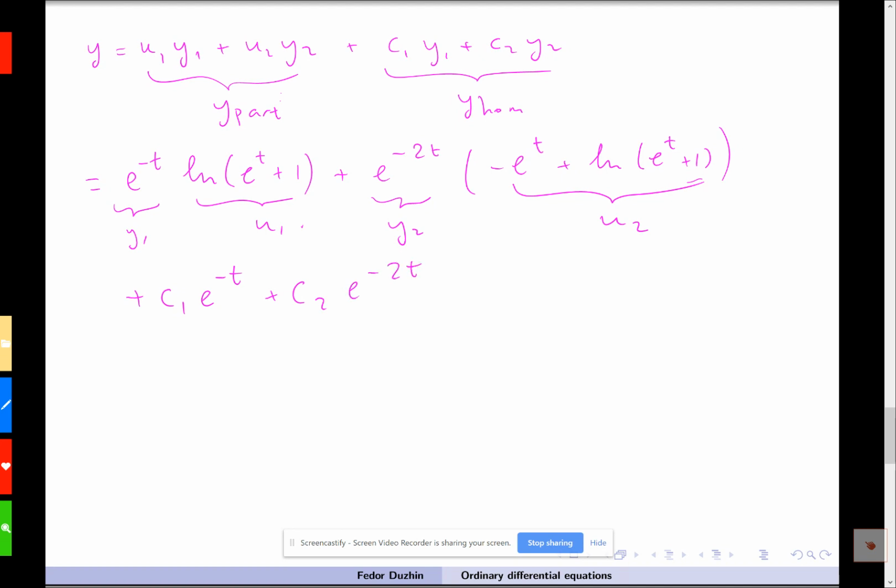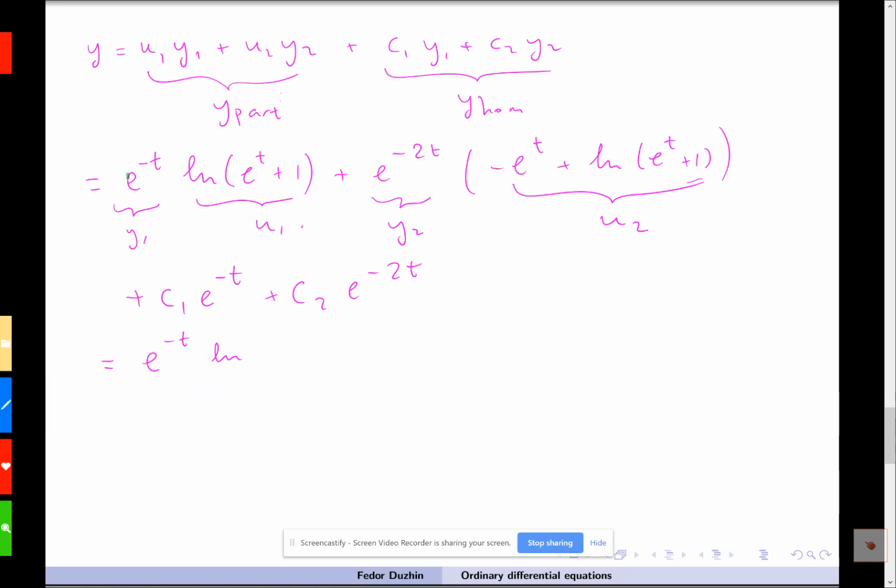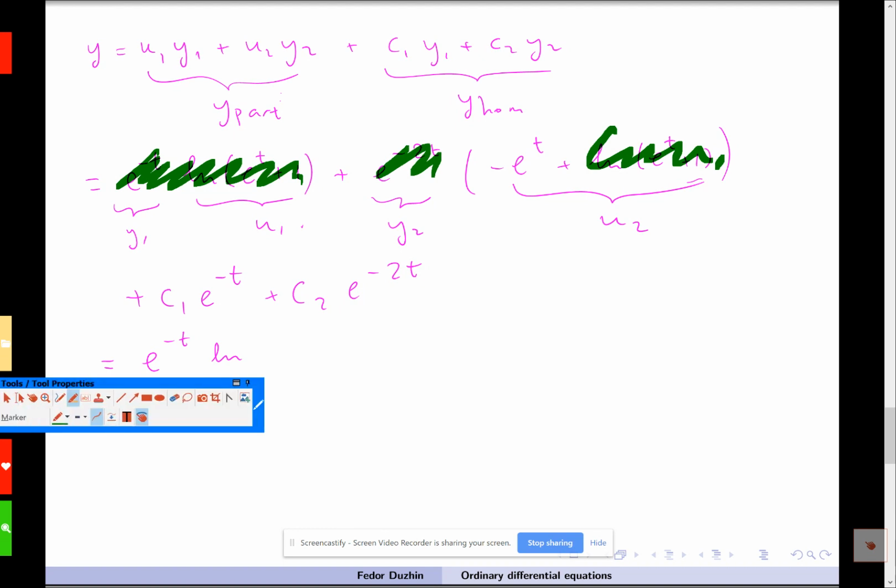Okay, how can we simplify this? Well, I have e to the minus t ln. Maybe let me group them together. We have this term and this term, so we can group them together.